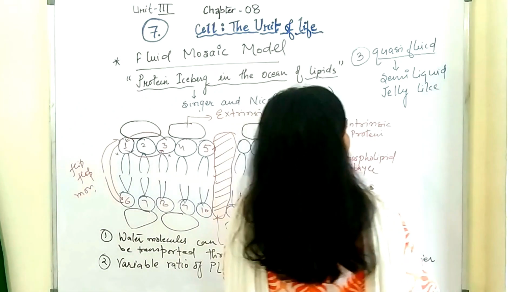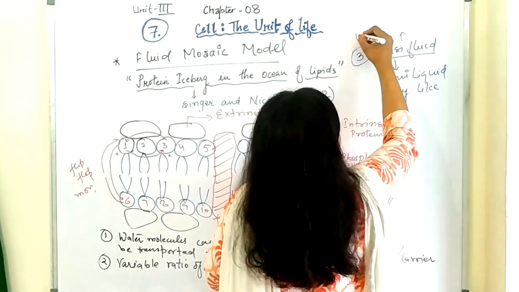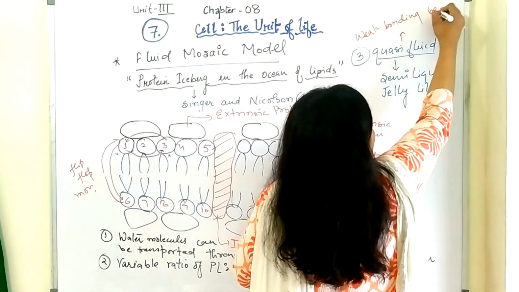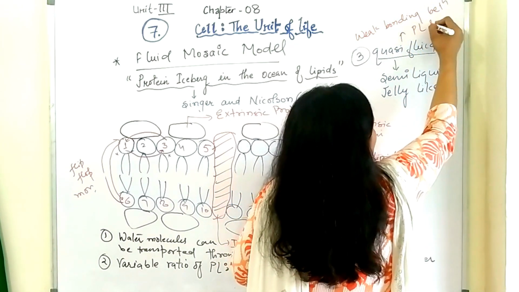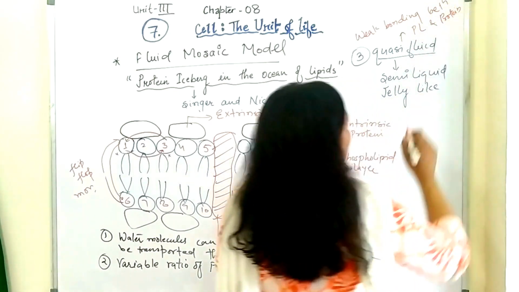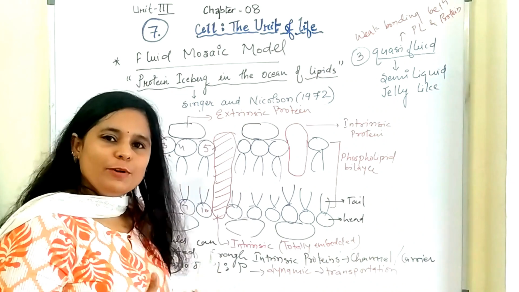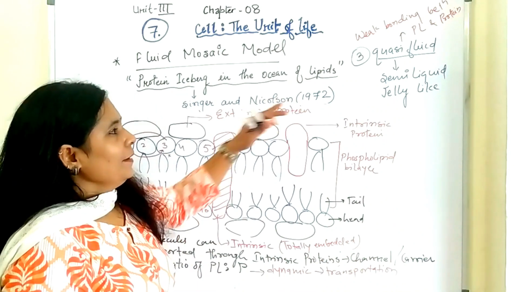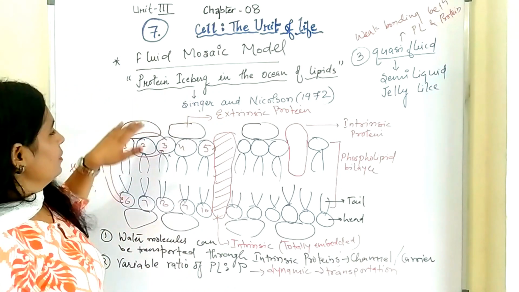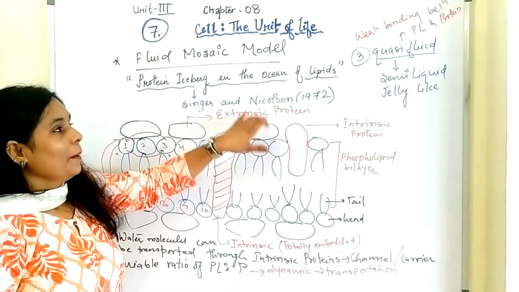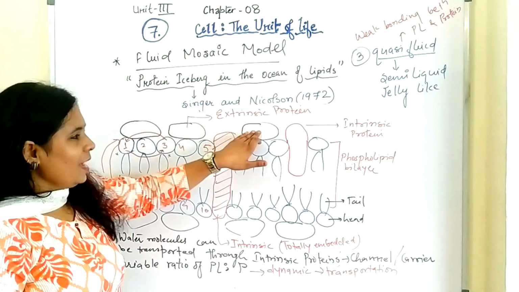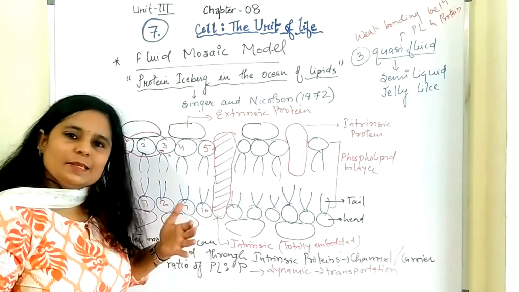Because of the weak bonding between phospholipid and phospholipid and protein. Because of that, it gives a quasi-fluid-like structure, and that shows the protein icebergs, because this is jelly-like, that is why these are the icebergs and they are maximum in amount.